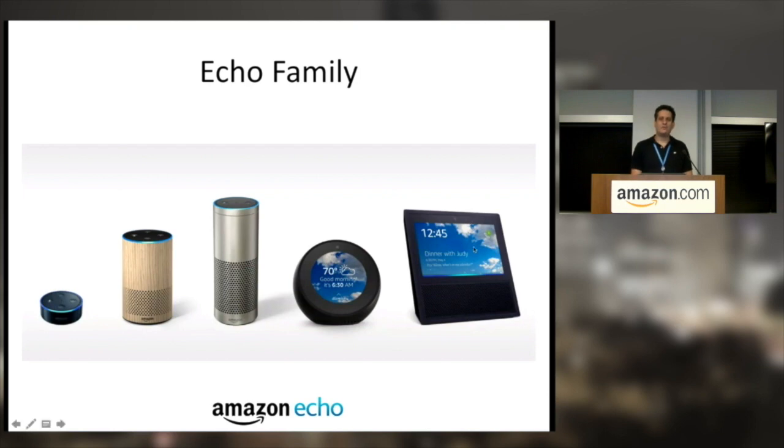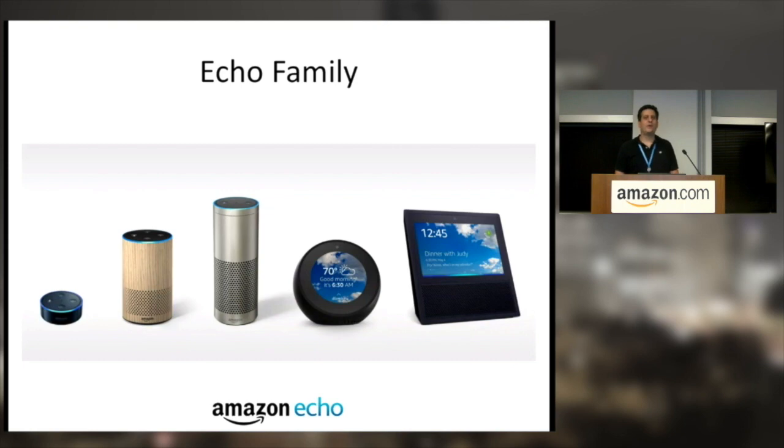We have the Show here on the right, which also has an LCD screen, so you can receive information, not only voice, but also see pictures and interact with it. So if you ask to play the Beatles, it will show you a list of Beatles records. Then you can select a record and track and interact either by voice or by touch.